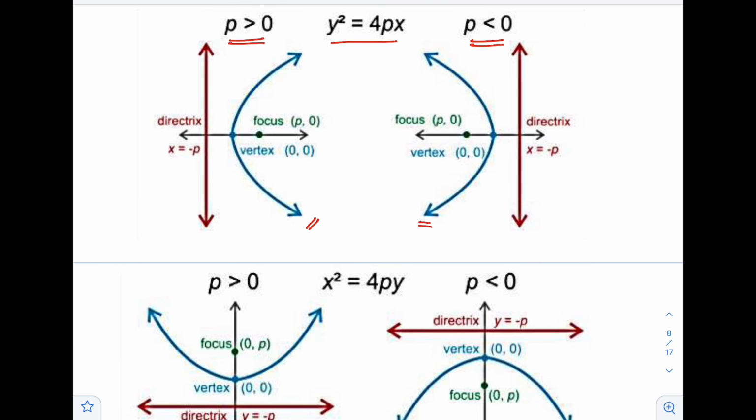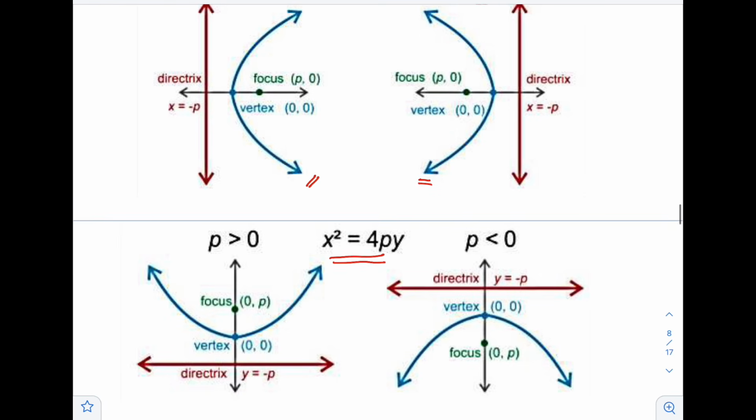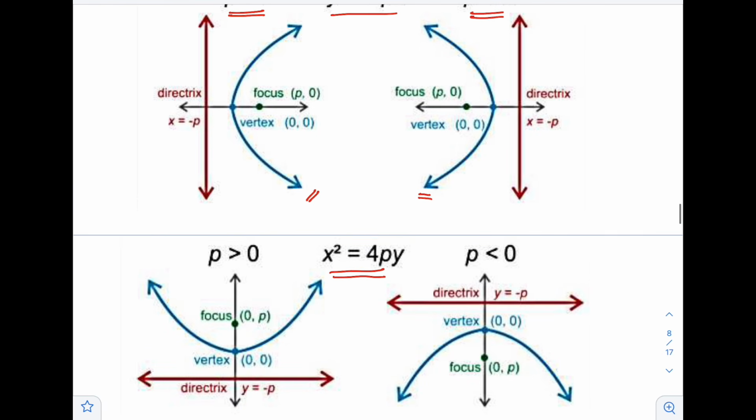Okay? So next equation natin is yung x squared equals 4py. So dito naman, kung mapapansin nyo, may dalawang klaseng parabola ang nabuo. Isang opens downward, isa namang opens upward. Okay?